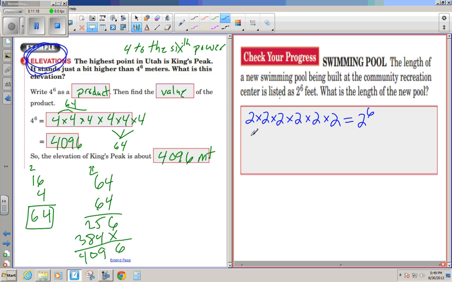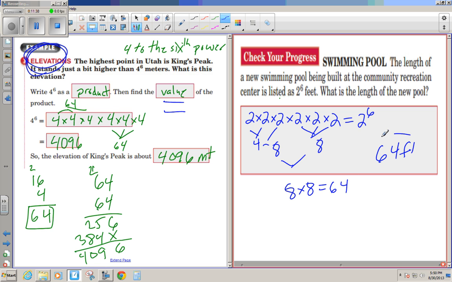Then find the value. So 2 times 2 is 4, times 2 is 8. So 2 times 2 times 2 is 8. 8 times 8 is 64. So your answer, 64 feet. That's how long the pool is.